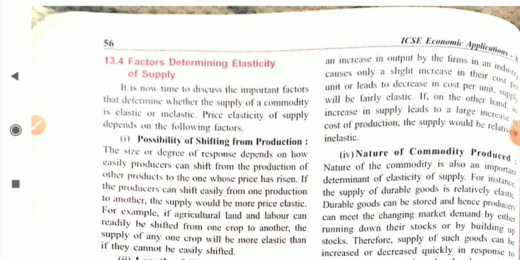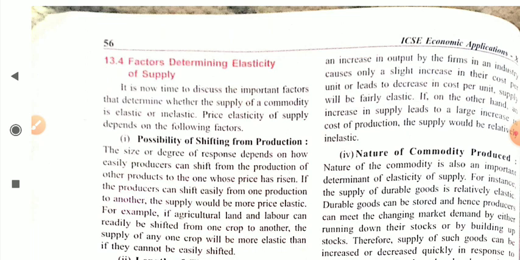If the increase in output from these inputs in your firm causes a slight increase in cost per unit or a decrease in cost per unit, then in this case supply will be elastic.